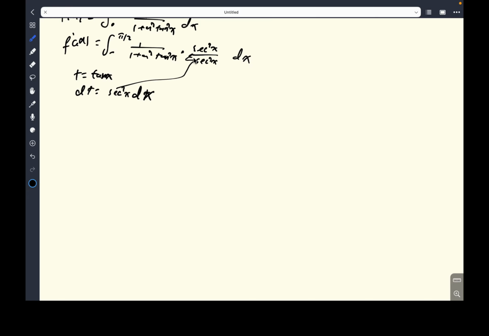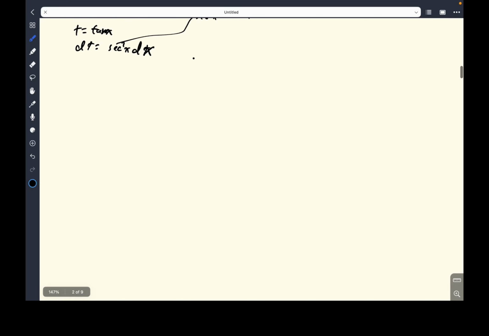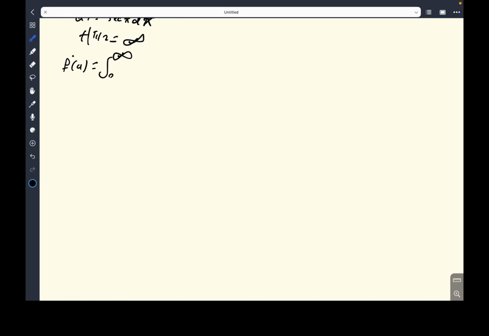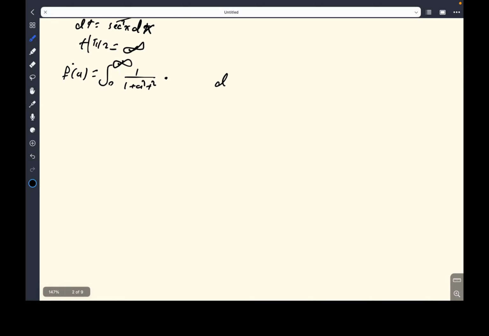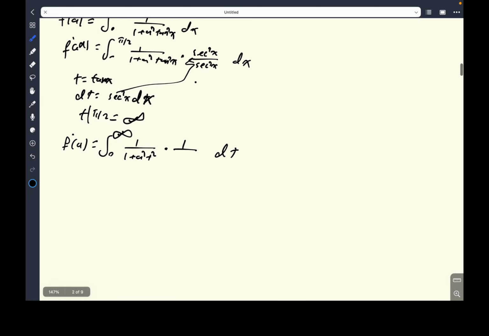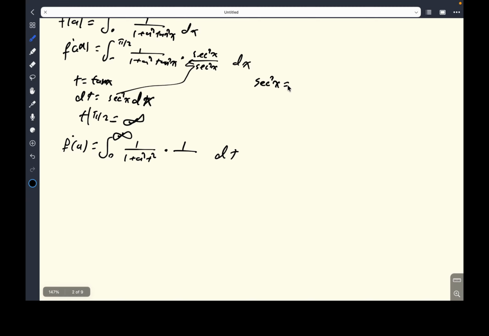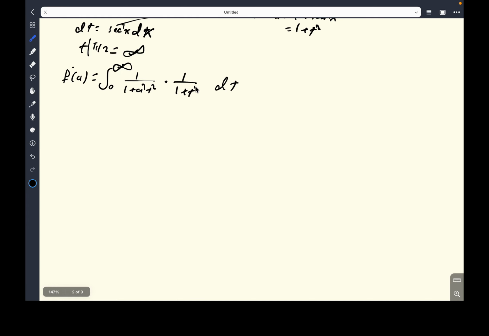I wanted to connect this secant x to tan x somehow. When x is pi over 2, tan x is infinity, so I change the bounds of f prime of a from 0 to infinity of 1 over 1 plus a squared t squared times dt. The secant squared x in the denominator can be simplified as 1 plus tan squared x, which is 1 plus t squared. So 1 plus t squared.